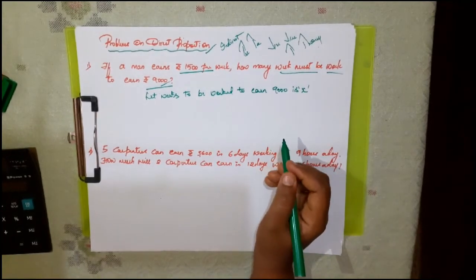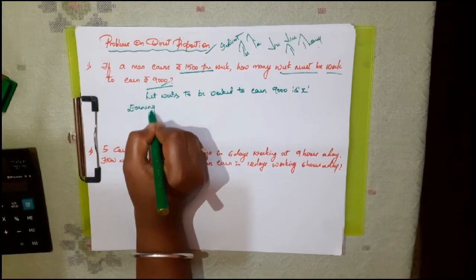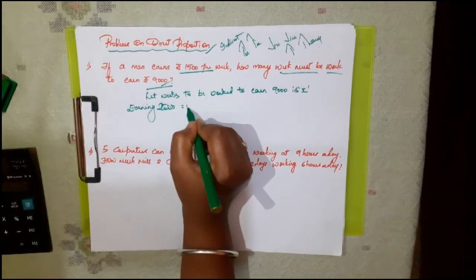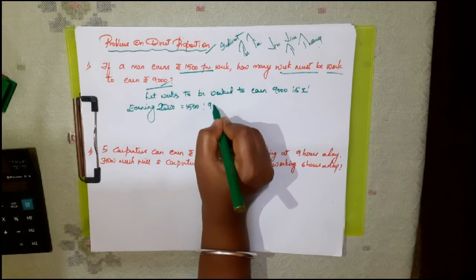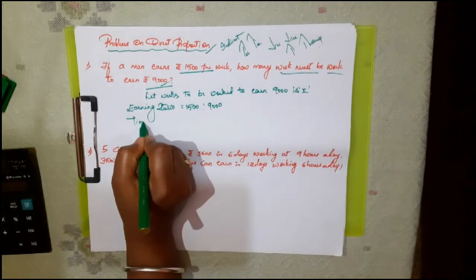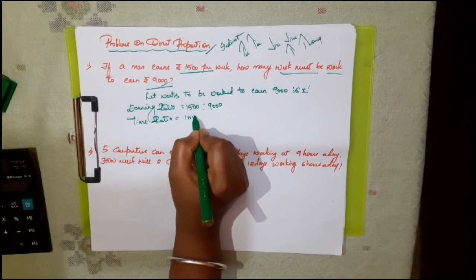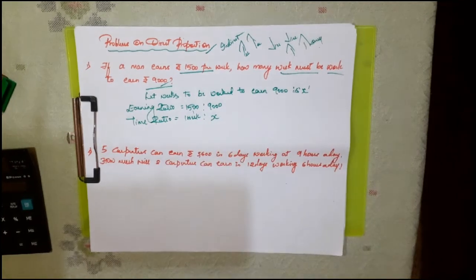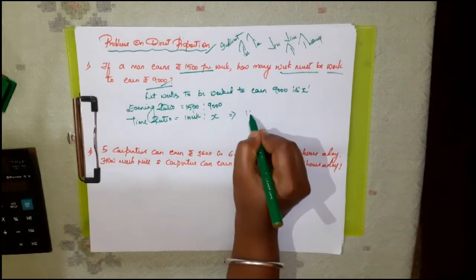Here we are considering two ratios, the earning ratio and the time ratio. How much is he earning? 1500 in 1 week and 9000 for how many weeks we don't know. This is the earning ratio. Then the time ratio is how many weeks he is working. So 1 week he works to earn 1500 and X weeks he has to work to earn 9000. So here the ratio is 1:X.